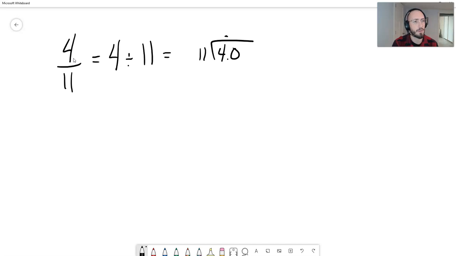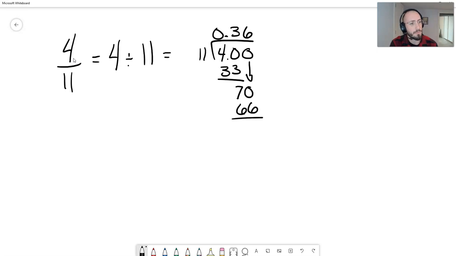So we'll write our 0 with our decimal. 11 goes into 40 3 times. 3 times 11 is 33. We get a 7 here. We add a 0 and bring down the 0. 11 goes into 70 6 times. 6 times 11 is 66. And we subtract and we get 4.